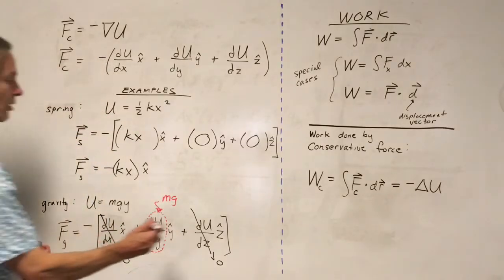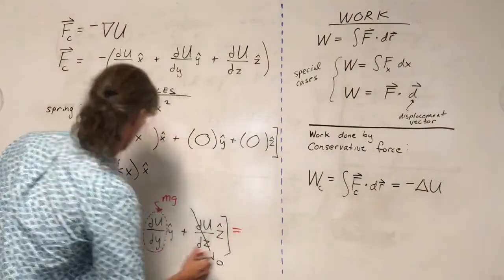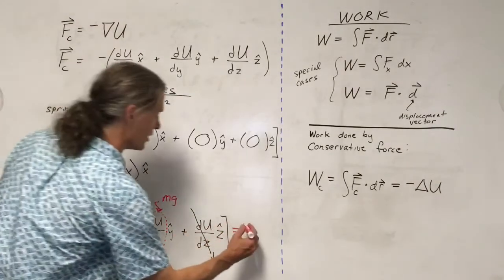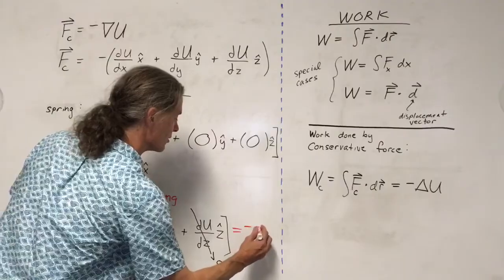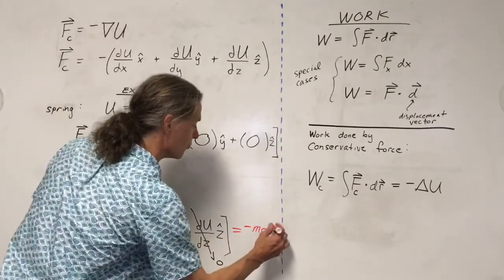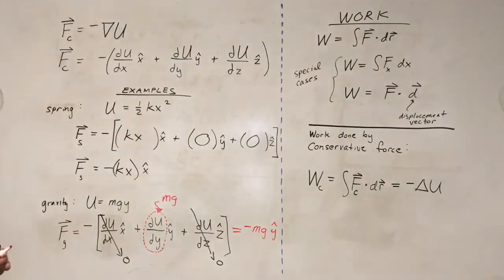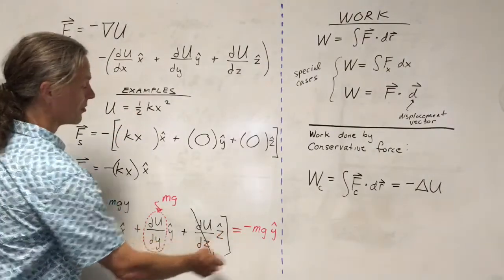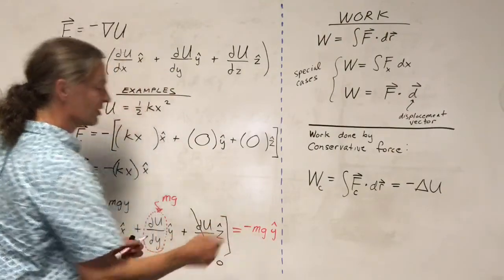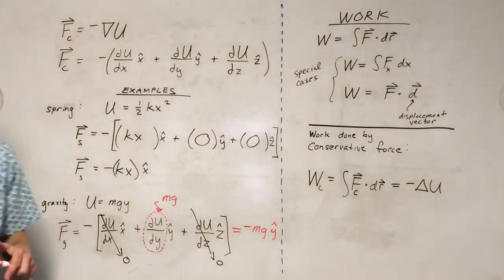So we get for our result that the gravitational force is, we got this minus sign, minus mg, and then this direction y hat. y hat points upward, so this gives a gravitational force of value mg in the negative y direction. Great, so that all checks out.